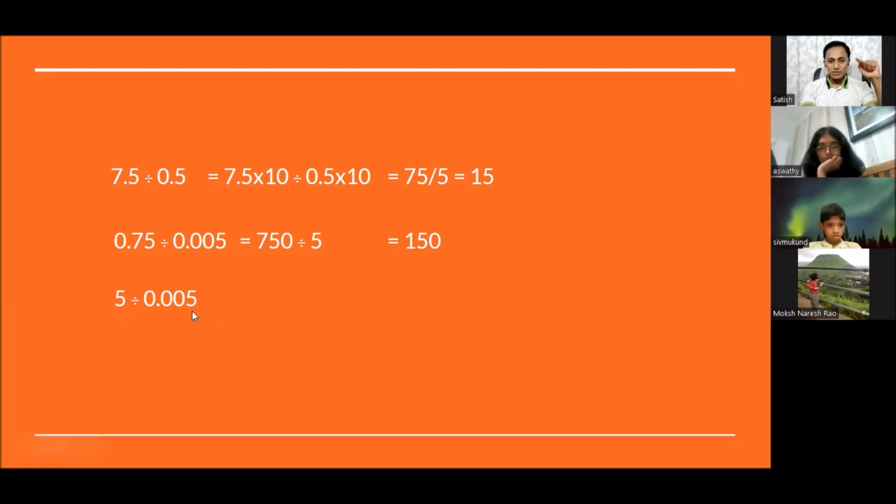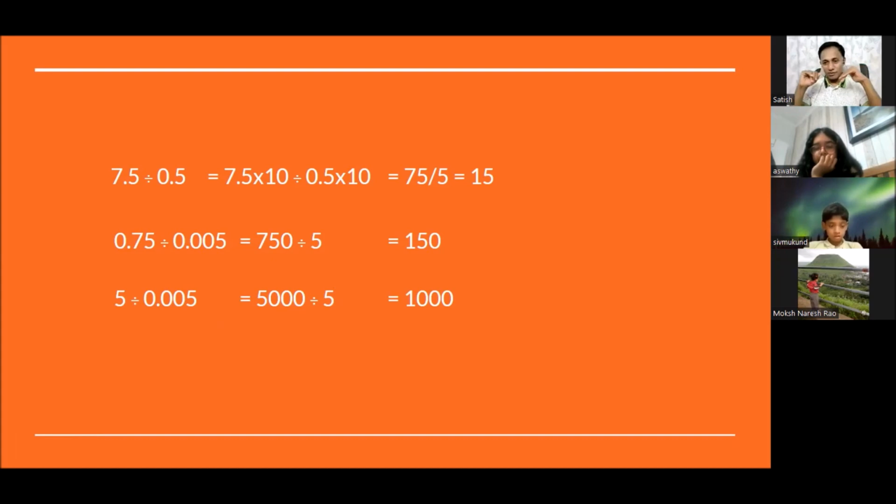With 1000, because there are 3 decimal points, right? Yes. If you multiply 5 with 1000, it will become 5000. If you multiply 0.005 with 1000, it will become 5, because the 3 decimal points will get shifted. 5000 by 5 is 1000. So this is a bit difficult to do, but this is easy to do, right? So if you remove the decimals, it becomes easy.